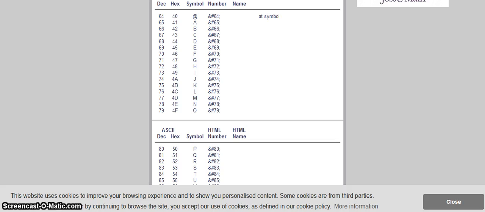Then for the letters, which are probably the most important thing, capital A, all of the capital letters from A to Z, we start at 65. So if you type a capital A, 65 gets stored behind the scenes in the file that you're saving in Word, and that gets translated to the binary equivalent of 65 and written to the hard drive.